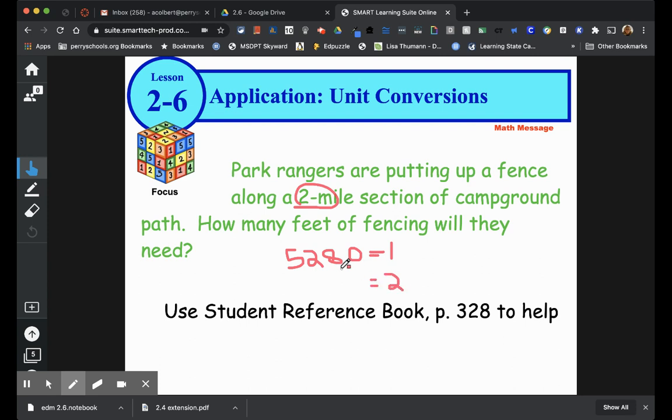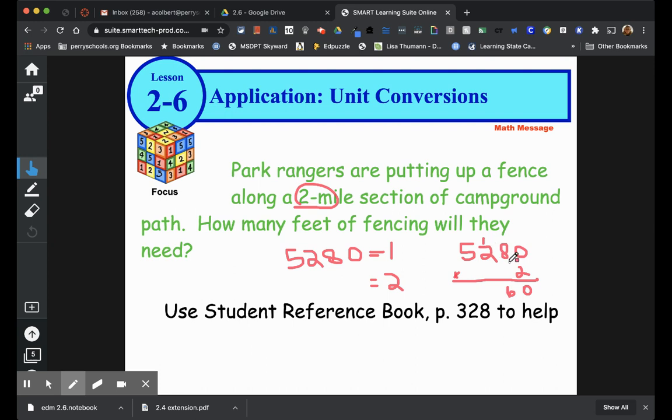So I'm actually going to take 5,280 times 2. And as you can see, for this, we are using what we practiced in the last 2 lessons of multiplying. So I'm going to write out using my US traditional of 5,280 times 2, and then I'm going to solve that using the same method as I learned and practiced last time.